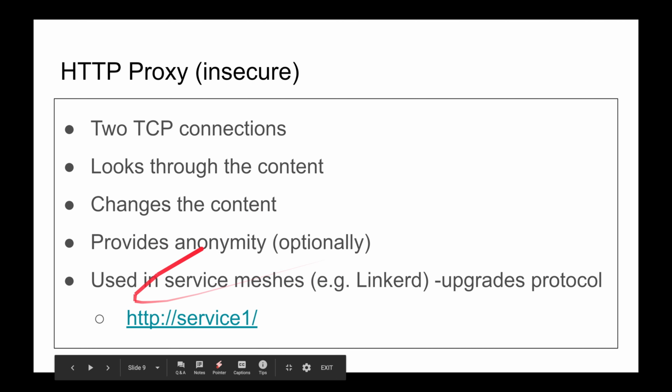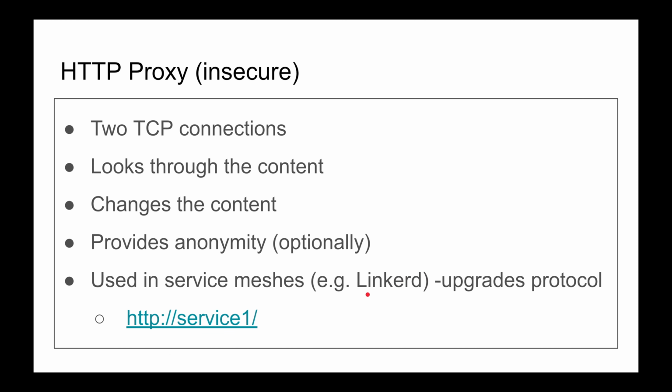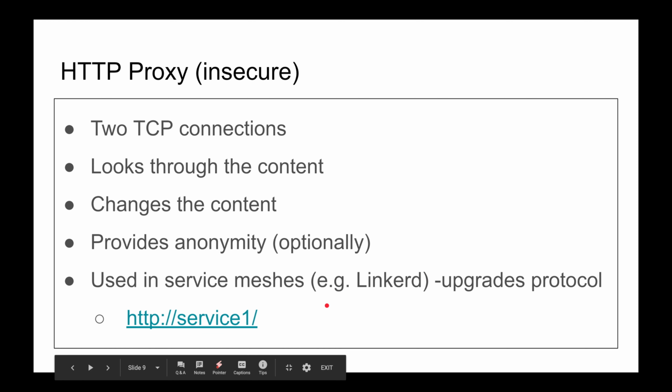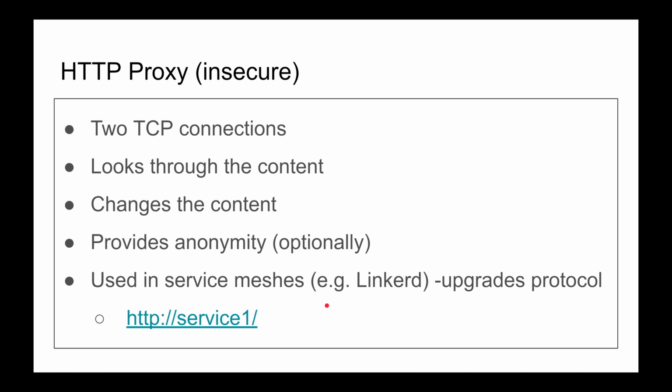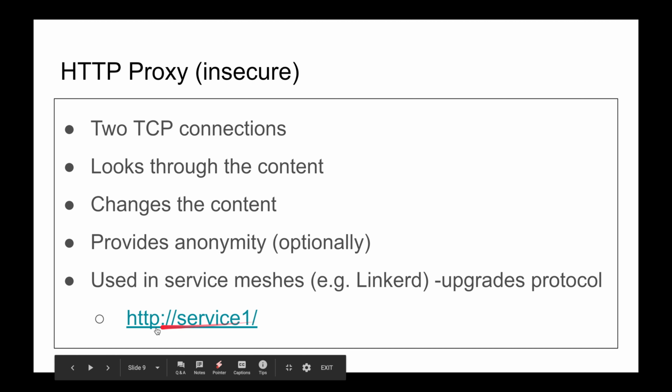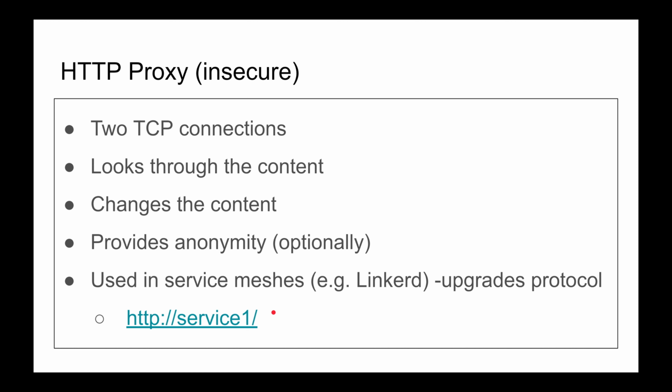And it is used in service meshes because what Linkerd had done smartly is they use an HTTP proxy server, and they make you make requests like that, HTTP service 1. And service 1 is not a machine, it's not a DNS, it doesn't exist. But they ingest that because you're going to send it to the proxy.